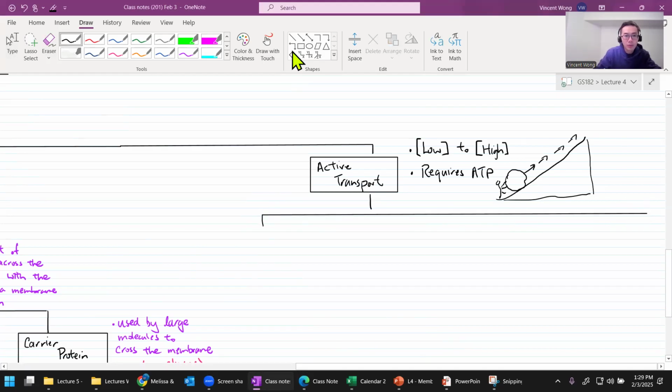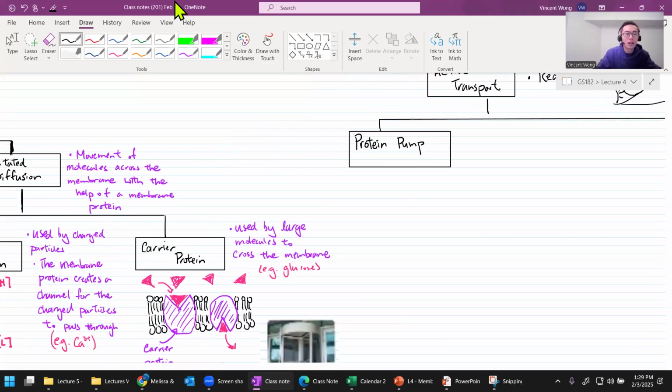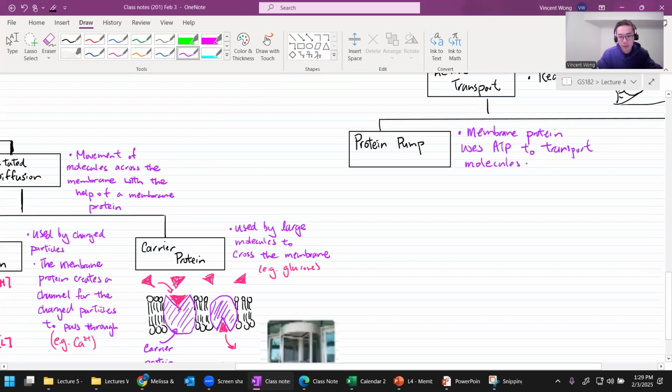Over here we have something called the protein pump. It's similar to facilitated diffusion. It involves some kind of membrane protein, but this time it uses ATP. So a membrane protein uses ATP to transport particles against their concentration gradient.